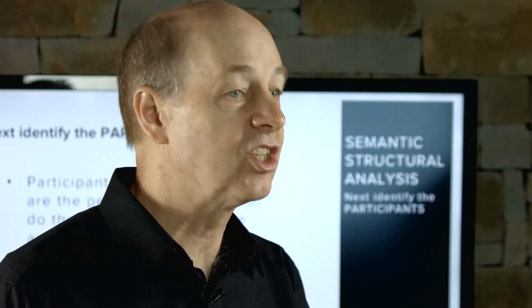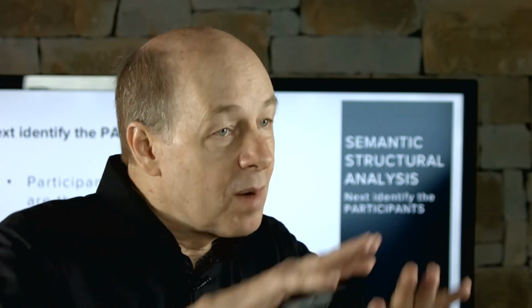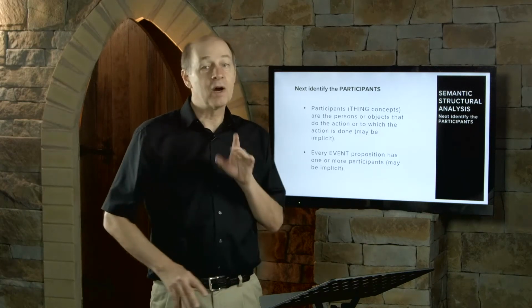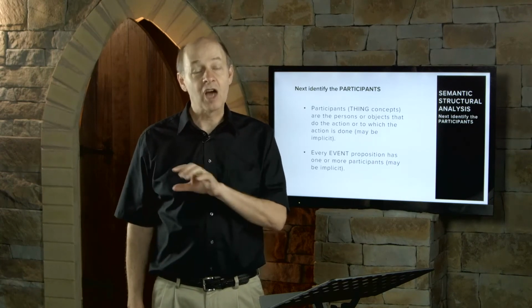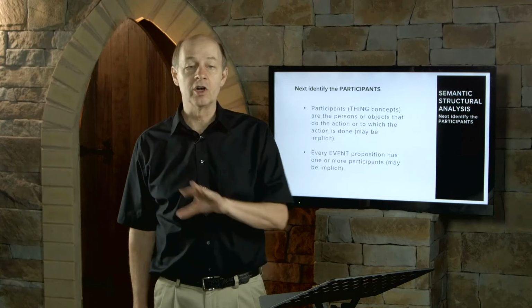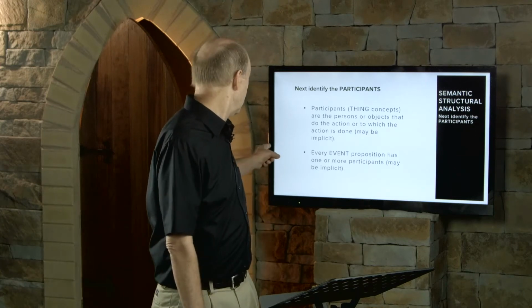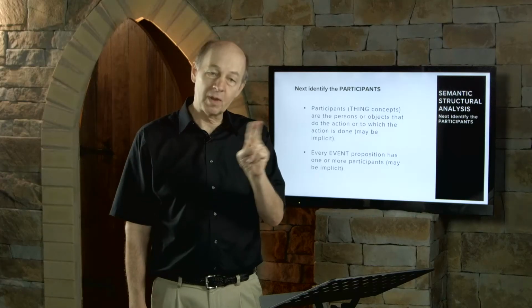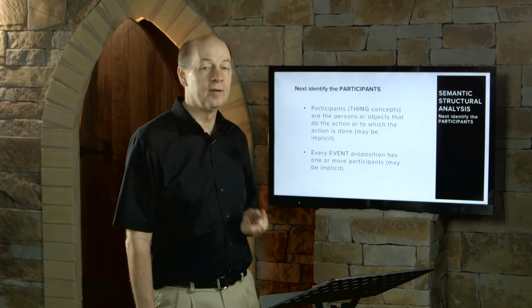They may not actually be stated, but remember the picture is what actually happened, and these participants are part of the meaning even if there is not an explicit word representing each one of them. Every event proposition has an event as its central concept, and it has at least one thing concept. There may be more, but it has at least one.